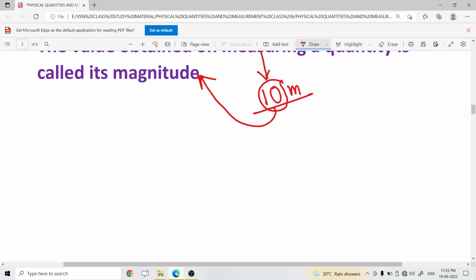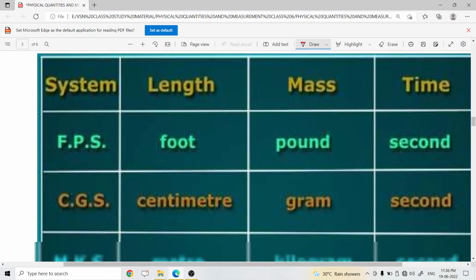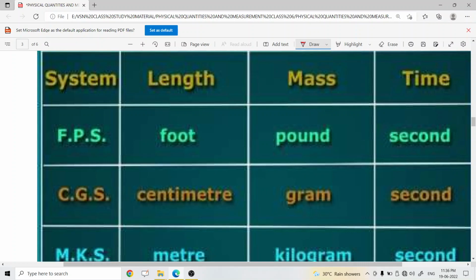Now here we can see three different systems. First is FPS, second CGS, and third MKS. FPS means F stands for foot, P stands for pound, and S stands for second. In the CGS system, C means centimeter, G means gram, and S means second.